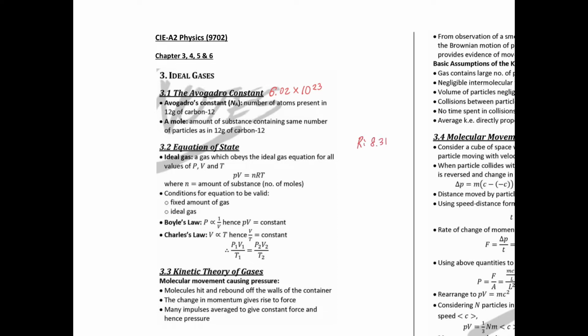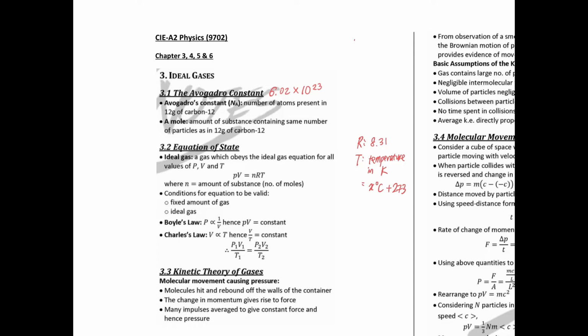T is temperature in Kelvin. So that means you have to add 273 to the temperature in degrees Celsius. Then you will get temperature in Kelvin.